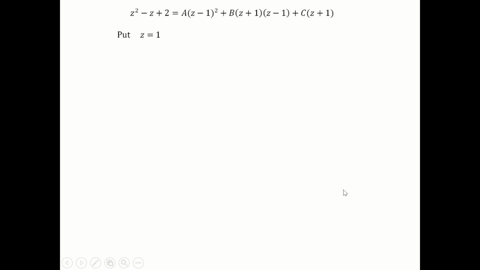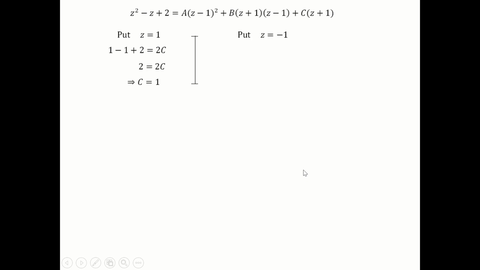Put z = 1. We need to find A, B, C. On the right hand side, 1² − 1 + 2 = A(1 − 1) which is 0, plus B(1 + 1)(1 − 1) which is 0, plus C(1 + 1) which is 2C. Therefore 2C = 2, so C = 1.